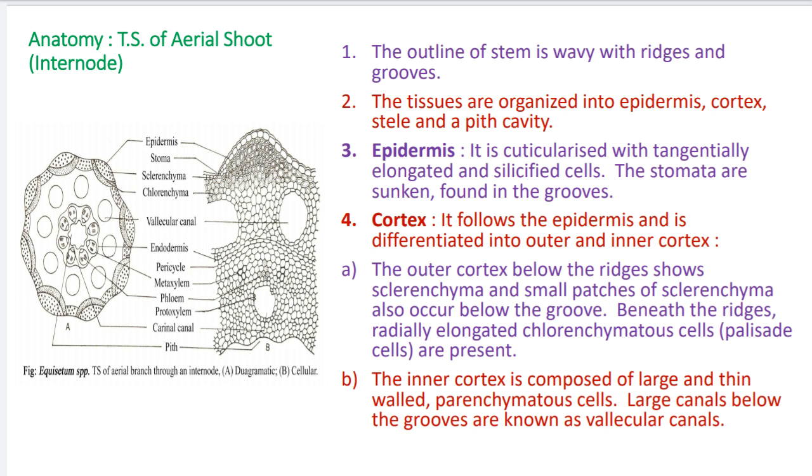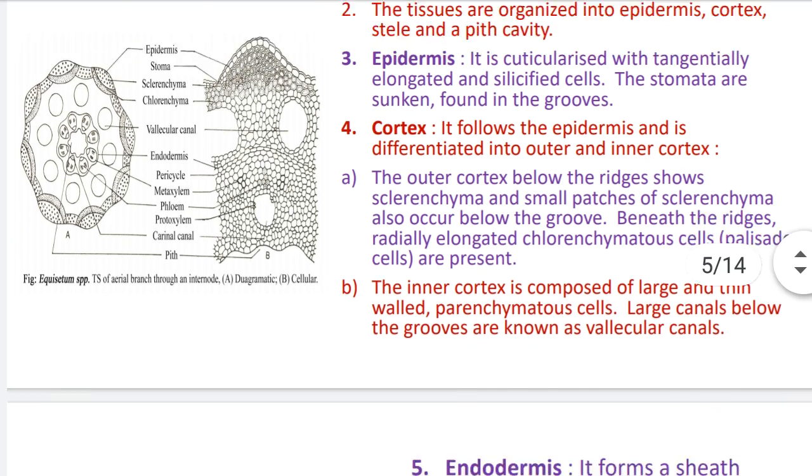You see there are large spaces present in the inner cortex, and these large spaces are oval or somewhat circular in structure, and these are called the vallicular canals. These vallicular canals are large air spaces or empty spaces, very easily seen in the diagram, okay.